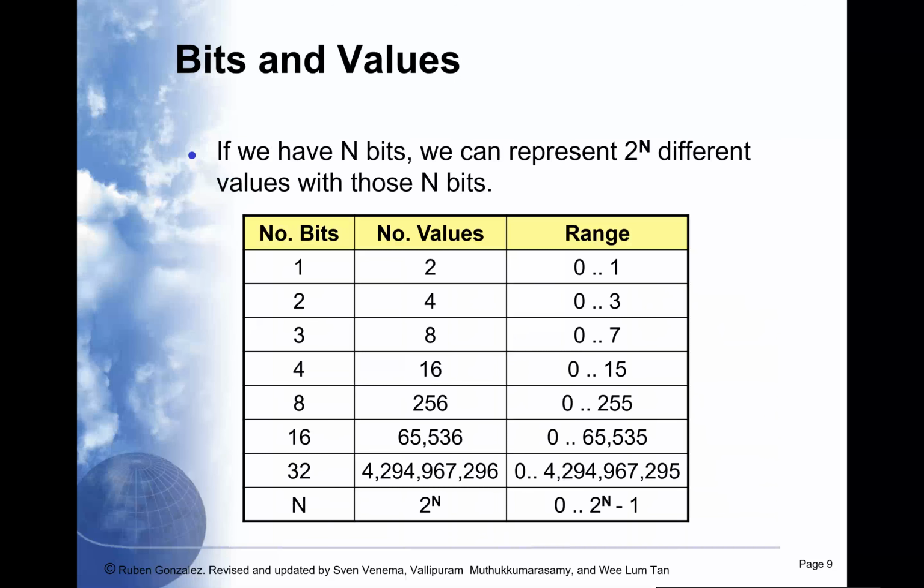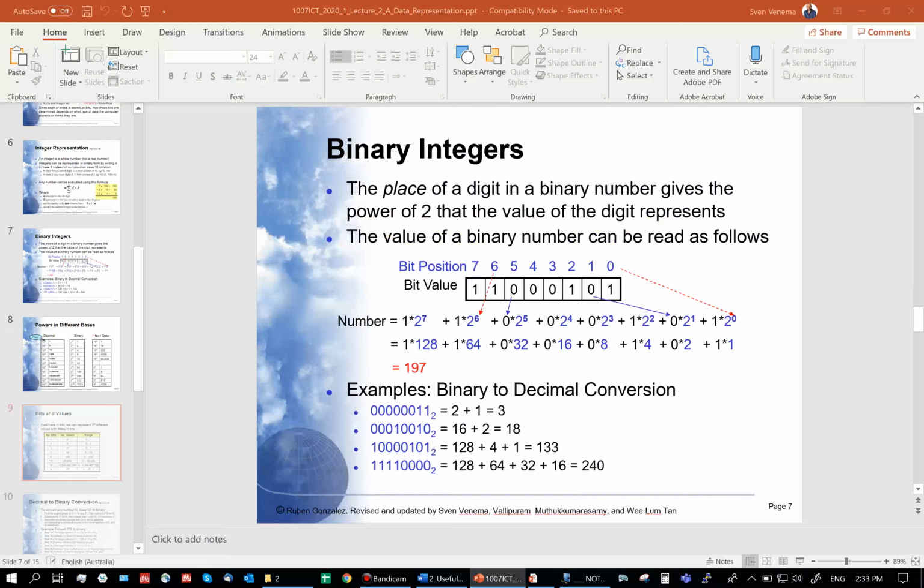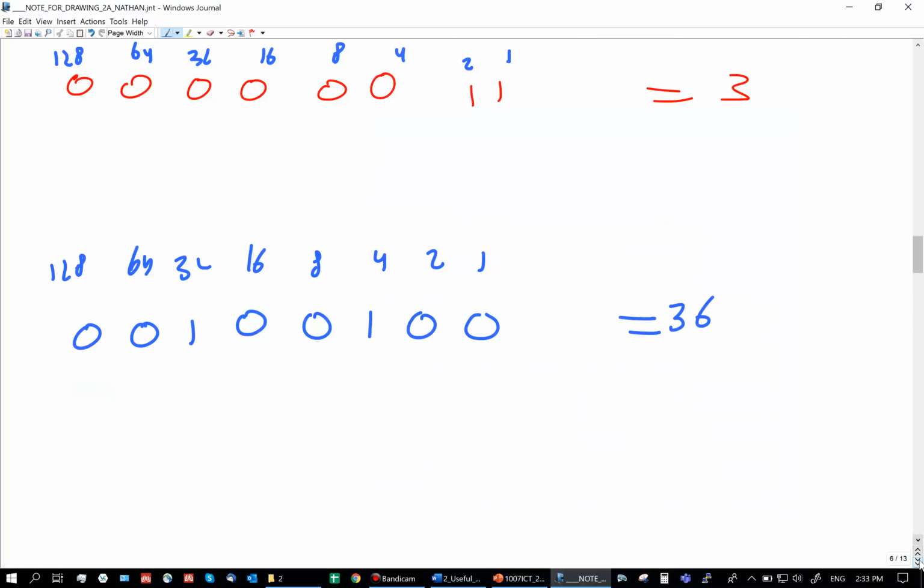Okay, so those are the bases. Now we look at the bits and the values. If we have n bits, we can represent 2 to the n different values with those n bits. So I'm just going to show you a table. I'll draw this table up, and this will hopefully clarify this fairly well. So if I have a number of bits, and then I have some possible values, and then I have the number of values.